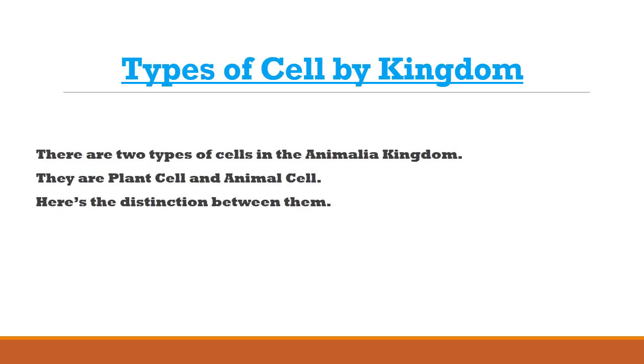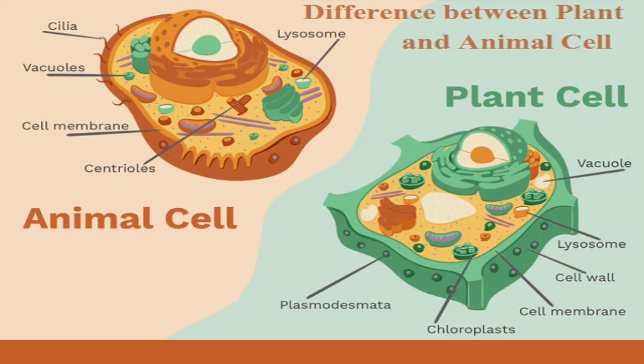According to kingdom, there are two types of cells, plant cells and animal cells. In coming slides, you can see the distinction between them: on the left side the animal cell and on the right side the plant cell. You can see that the cell wall is present in the plant cell but absent in the animal cell.